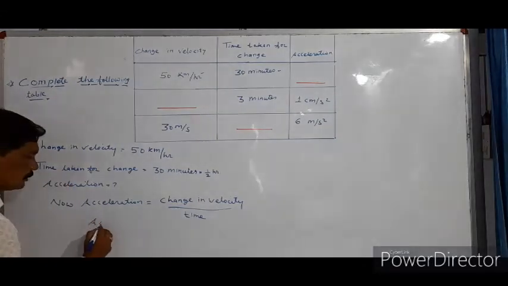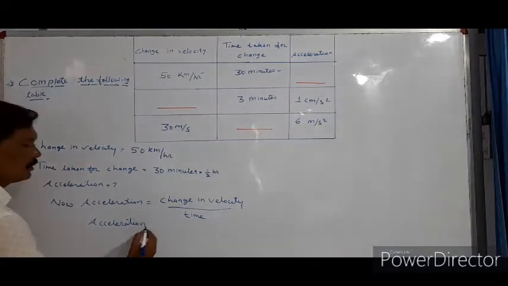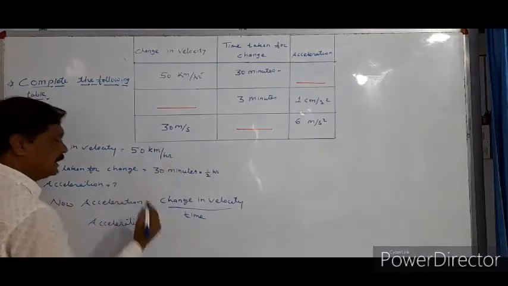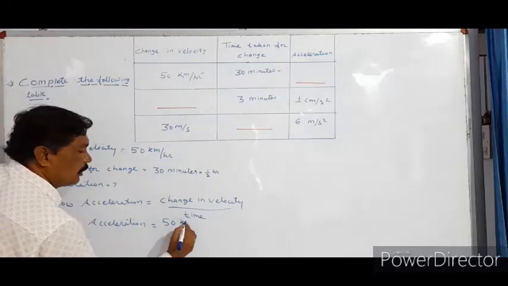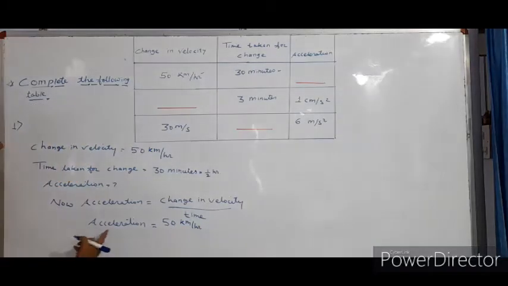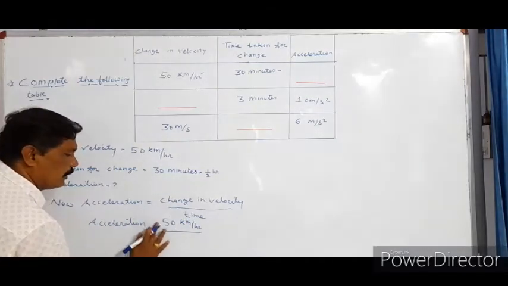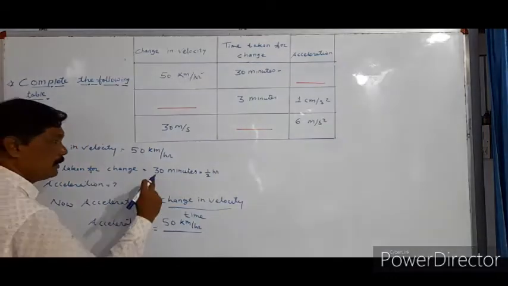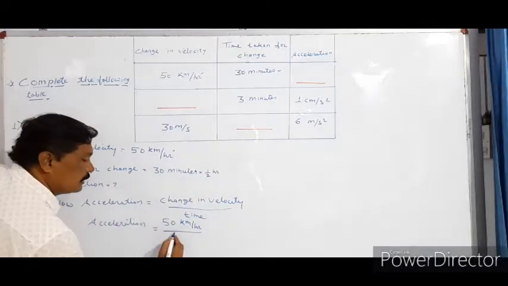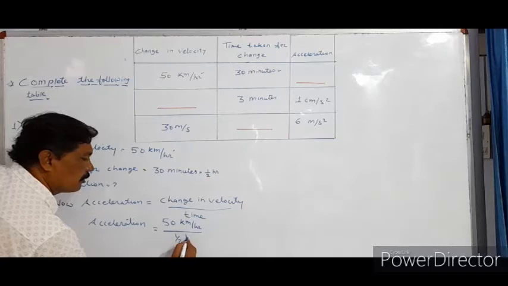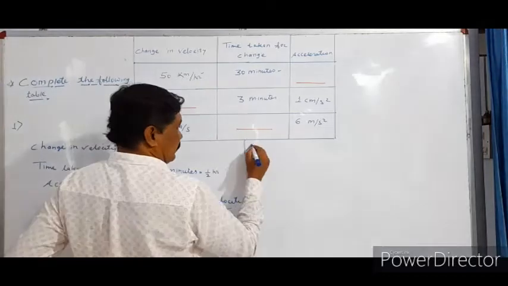So, acceleration is equal to change in velocity, which is given in kilometer per hour unit. That is change in velocity is 50 km per hour divided by time. Time is given in minutes, but here hour is there, so we have to convert this minute into hour, and this will be half hour. Now we can simplify it.